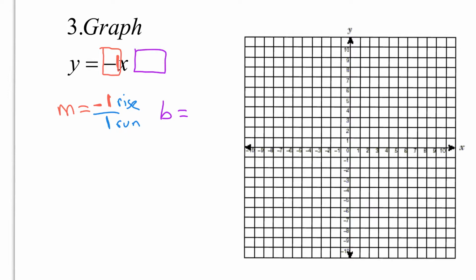It's empty. So some people say that we do have a plus 0, which is mathematically correct, but just remember, it's no number, no value. So my y-intercept will be 0. So that's going to be the origin because the y-axis at 0 is the origin.